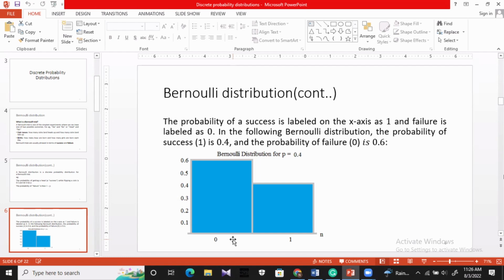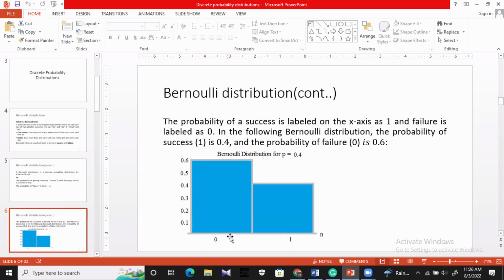It's an assigned value. If you assign number 1 for a success, then we can assign 0 for a failure. So in this diagram, success is labeled as 1 and the failure is labeled as 0.